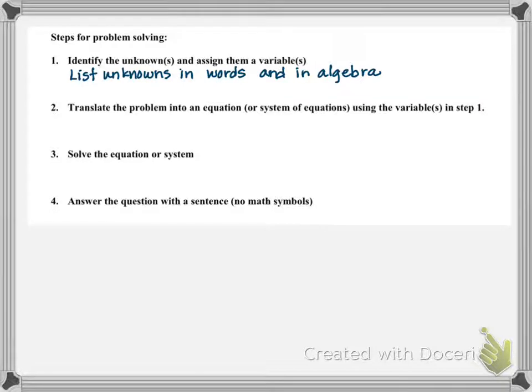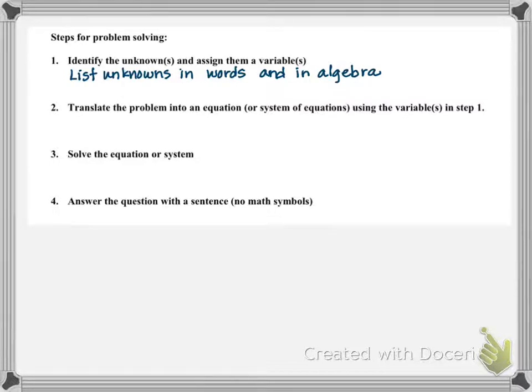When we translate the problem into an equation, the only thing really worth mentioning in this step is that the number of equations that you have to write corresponds to the number of variables that you use. If you assign one variable in the first step, then you write one equation in the second step.